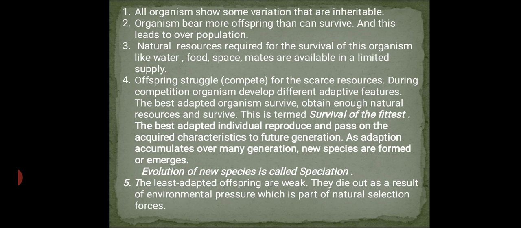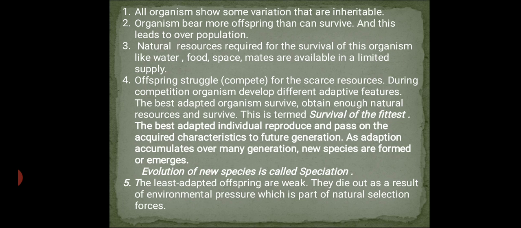Now, all the work of Charles Darwin is based on these 5 things. 1. All organisms show some variation that is inheritable. 2. Organisms bear more offspring than can survive. That is overpopulation. 3. Natural resources required for the survival of these organisms, like water, food, space, mates, are available in a limited supply. 4.